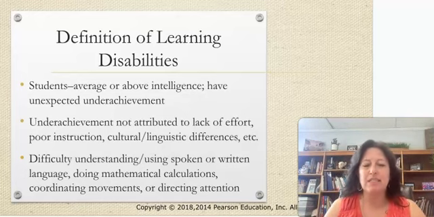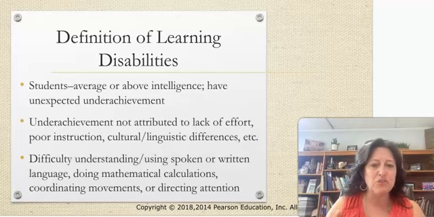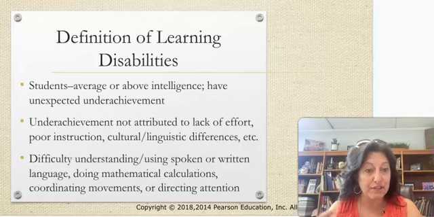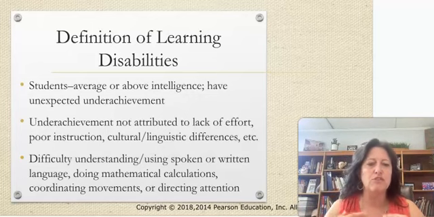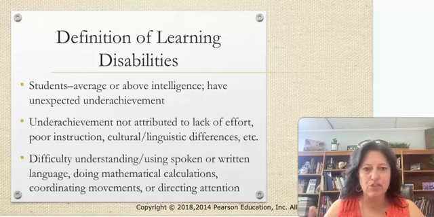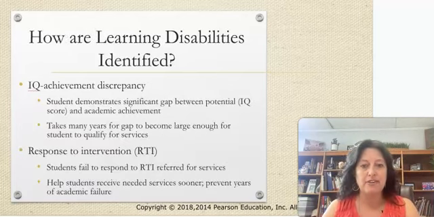And this underachievement, it's not because they're not trying or because they have teachers who aren't doing what they need to, or there's cultural or language differences that are taking place. They have difficulty understanding and or using spoken and written language, doing mathematical calculations, coordinating movements, or even directing attention.